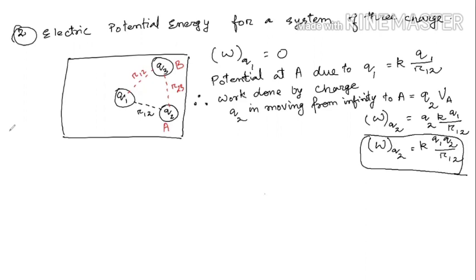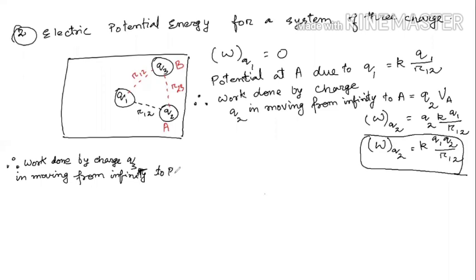So separately we find, therefore, work done by charge Q3 in moving from infinity to B. Who is performing this work?